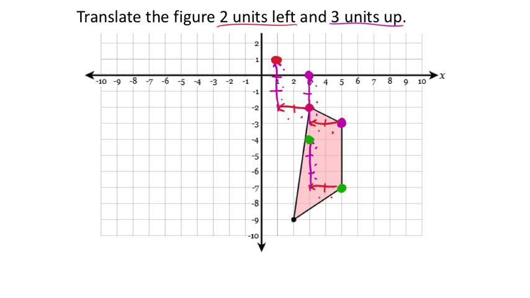We've done 3. Last one. So let's take this point right here at the bottom, and let's move it 2 to the left. 1, 2 boxes, 1, 2 lines. Doesn't matter. And then 1, 2, 3 boxes or 1, 2, 3 lines. It's going to put us in the same location on the graph, but this blue point that I've just put on is now the image of the blue pre-image point.